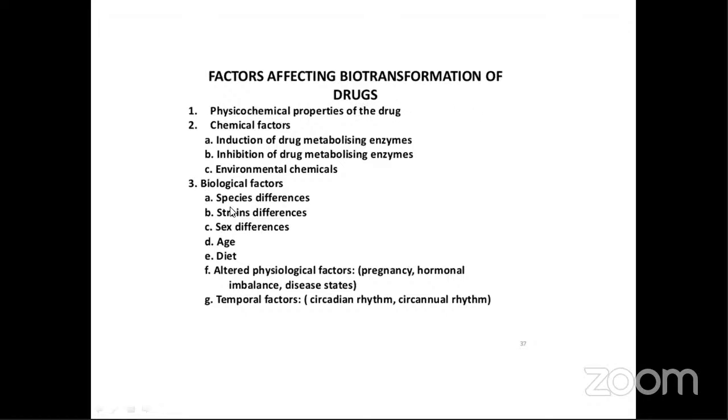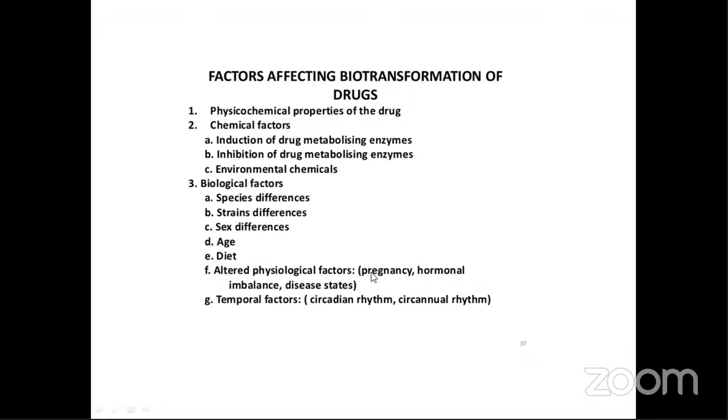Then some biological factors like species difference. Suppose there are some rats, Wistar rats, albino rats. So there is species difference, and in that case also there is some difference in the metabolic process. Some strains are also different, and if strains are different, you have different metabolism. Then sex difference, age, diet, and alteration in physiological factors like during pregnancy.